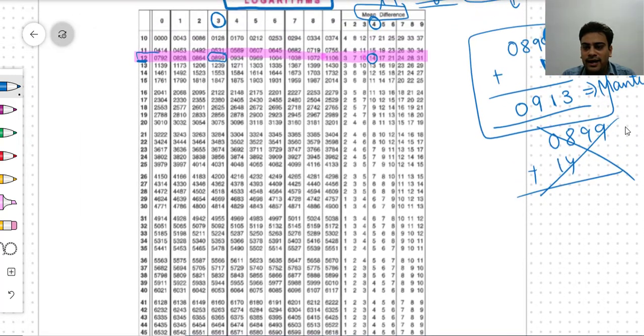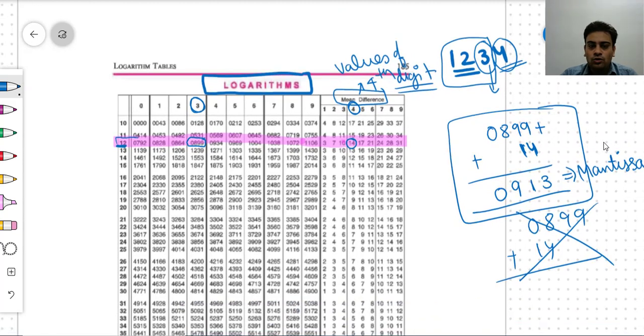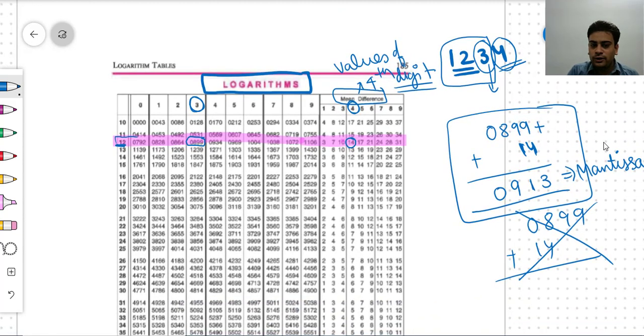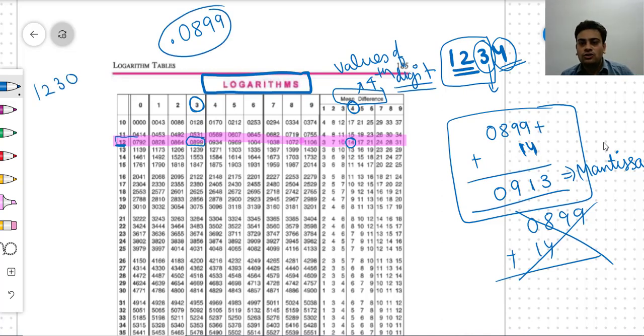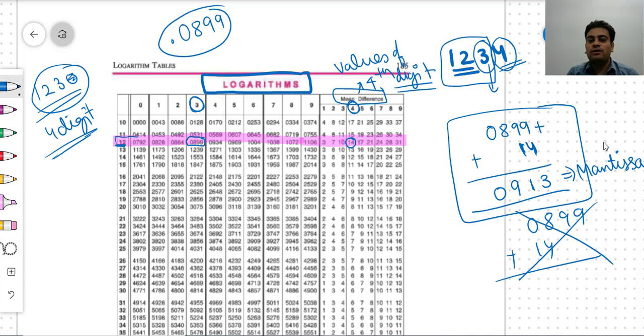As you remember, 123 means 1 2 from your first column, and 3 from the first row. So your corresponding value is 0899, right? Because we are only talking about 1 2 3. We are not putting a 0 after that, because if you put 0, it will become a 4-digit number.